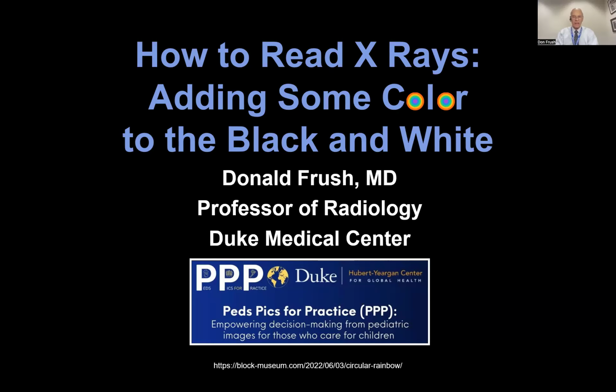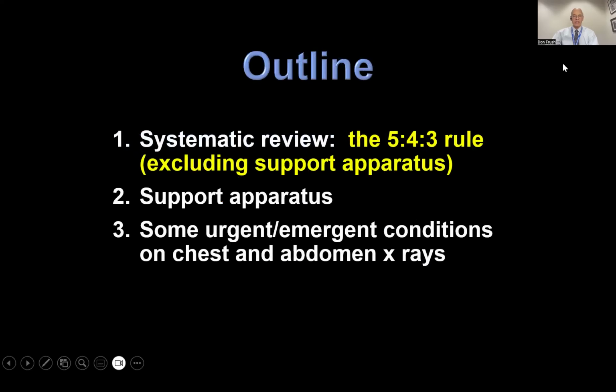I'm sorry I can't talk with you in person, but one of the beauties of radiology is we're able to do this global type presentation. The following material will be primarily looking at how you might be able to interpret examinations, mainly chest and abdomen examinations, as well as some of the things that we look for. It isn't going to cover everything, but hopefully will give you some fundamental perspective on looking at X-ray studies.